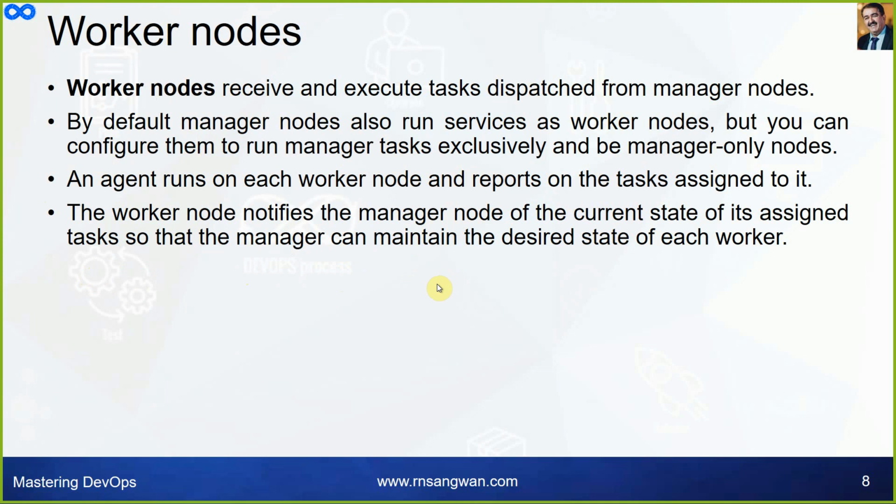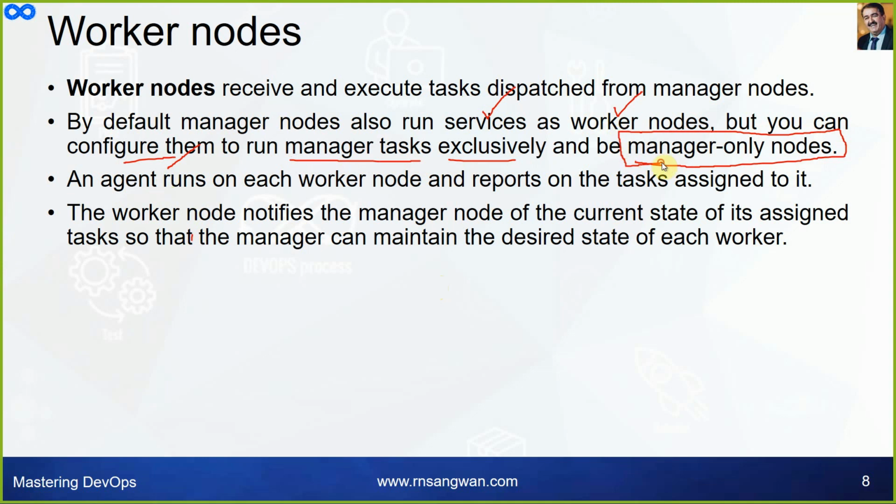The worker nodes are additional nodes. Worker nodes receive and execute tasks dispatched from manager nodes. By default, manager nodes also run services as worker nodes, but you can configure them to run manager tasks exclusively and be manager only nodes.